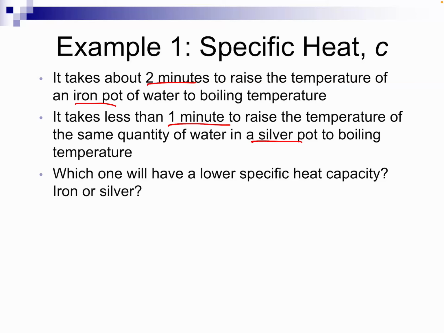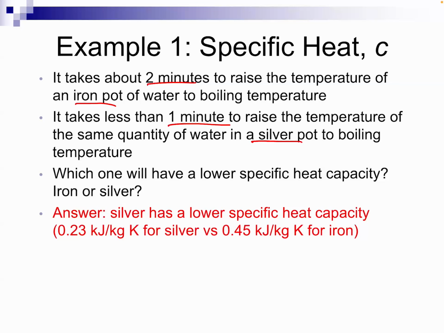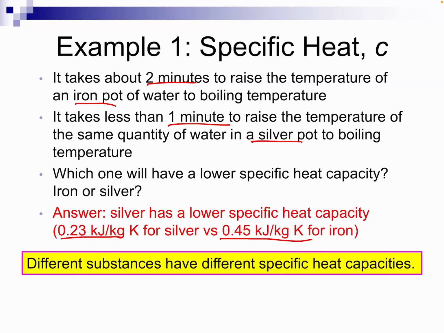So given that you are putting the same amount of energy and reaching the same temperature, silver will have a lower specific heat. And if you again look at the table, you will see that silver indeed has a lower specific heat compared to iron. So different substances have different specific heats because it's a property of the material.